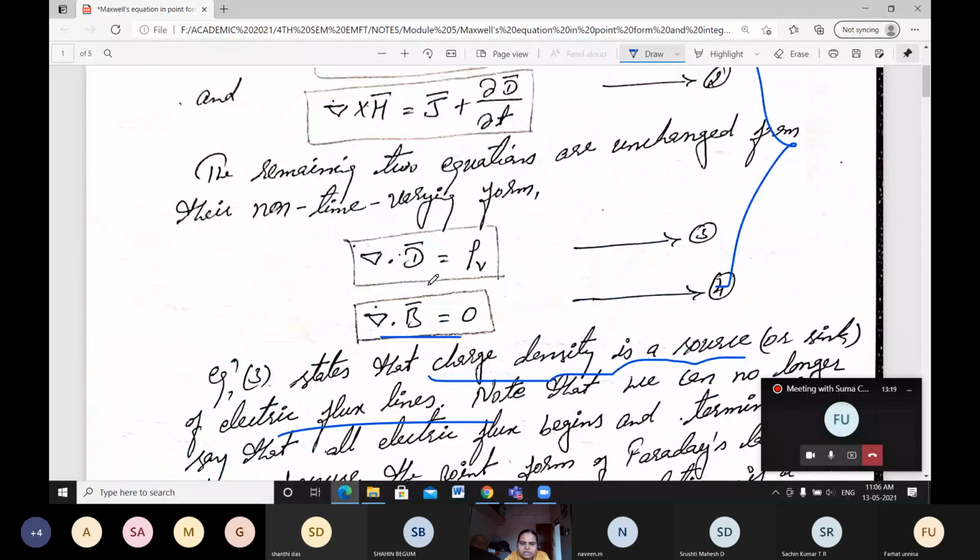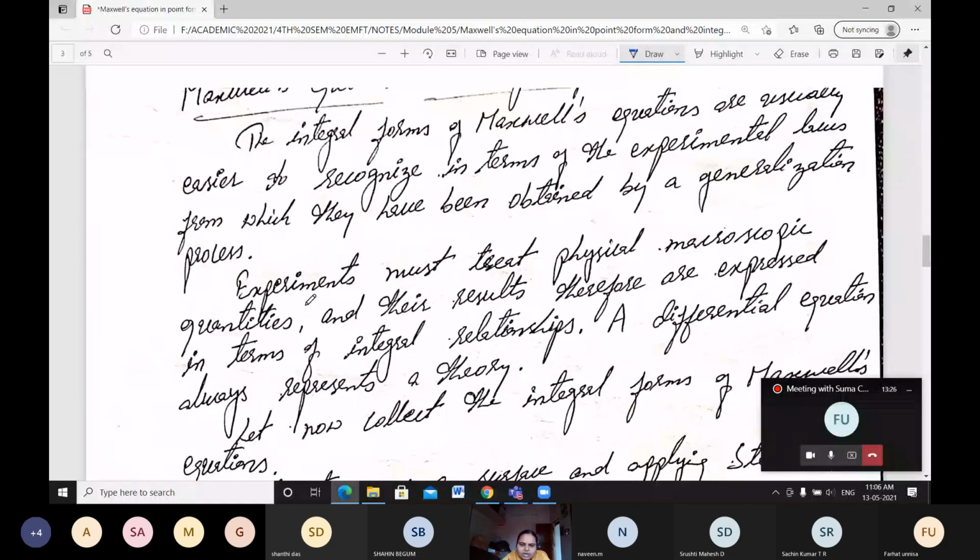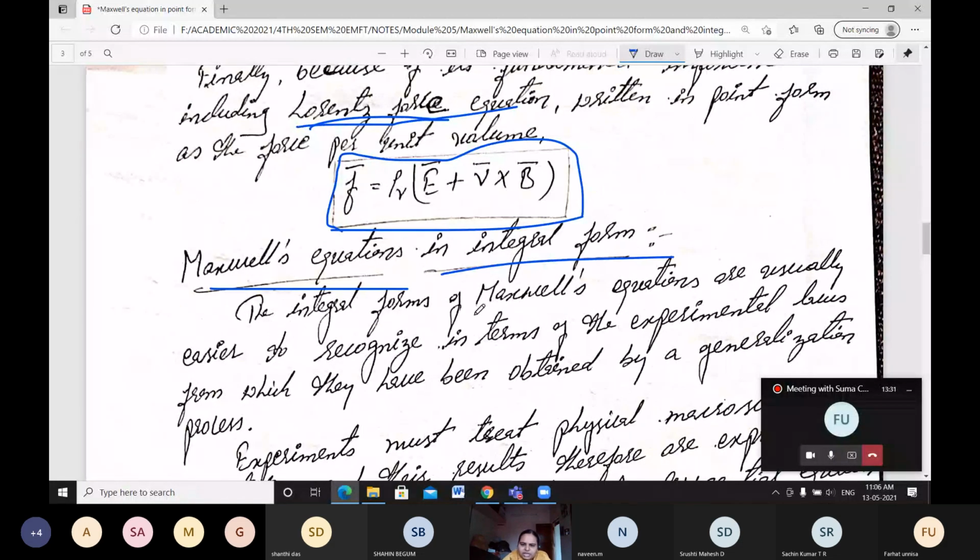Next, Maxwell's equations in integral form. The integral forms of Maxwell's equations are usually easier to recognize in terms of the experimental laws from which they were obtained by the generalization process.